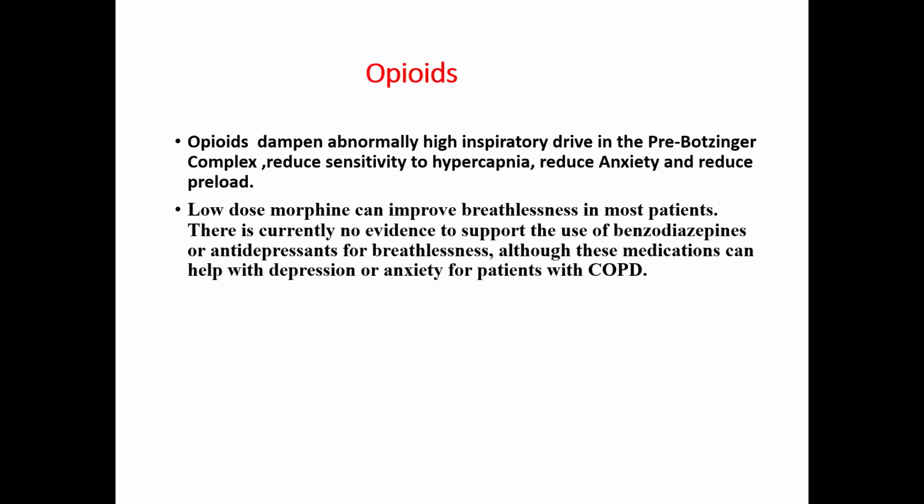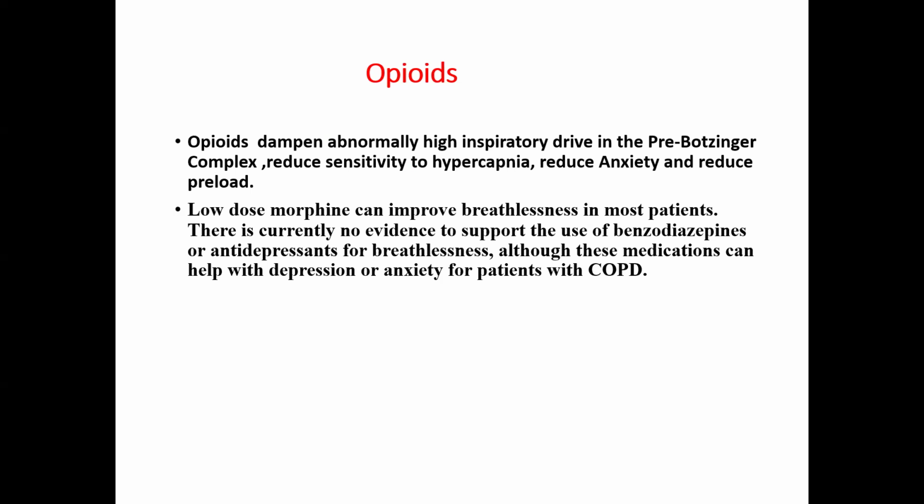Opioids. Opioids should be your last resort, not the first resort. First, try to treat the dyspnea itself, and then if that doesn't work, you can add small amounts of opioids.